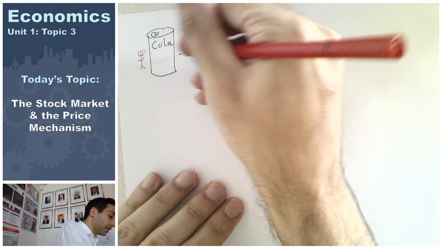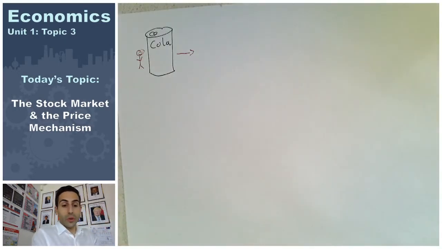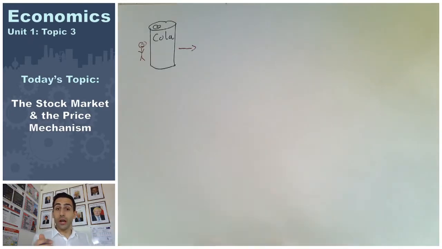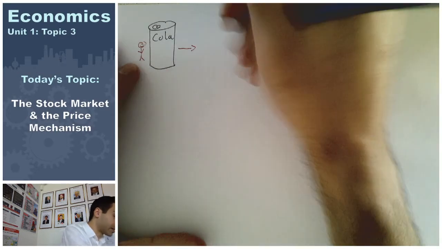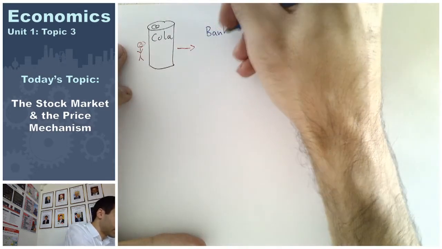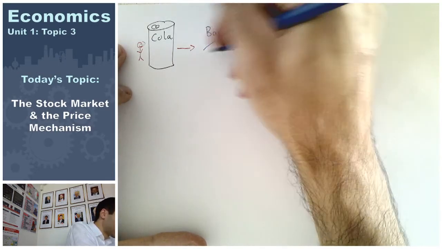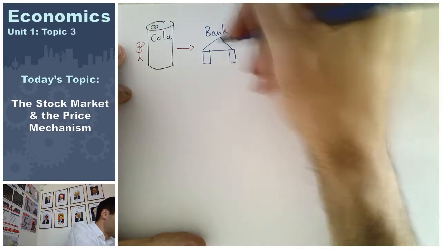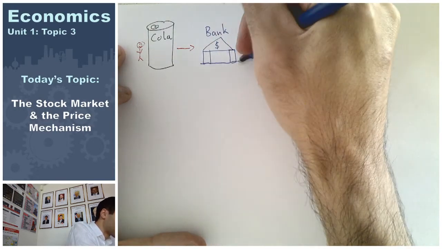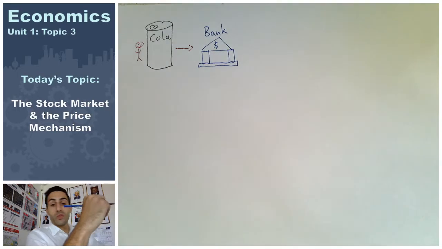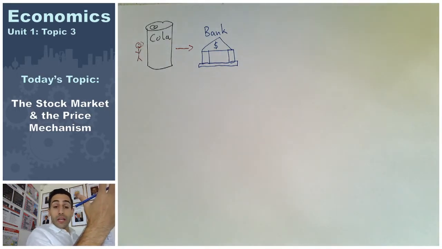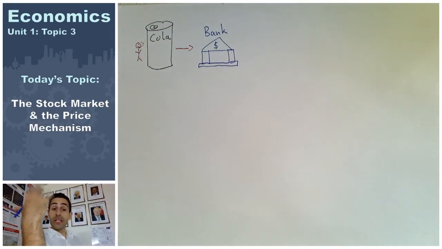Our sole trader will first most likely approach a financial institution. Okay, they'll approach a bank. There's a bank which hoards billions of dollars of money, and the bank is willing to dish out some of this money at an interest rate to our sole trader.